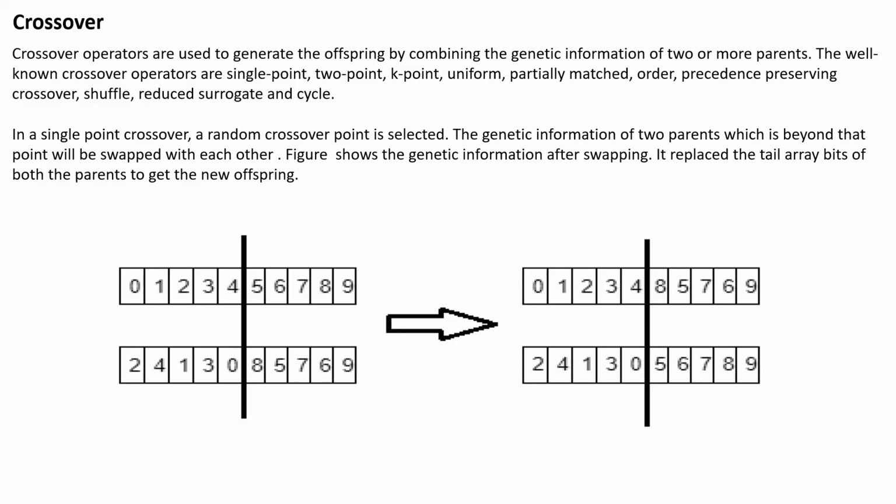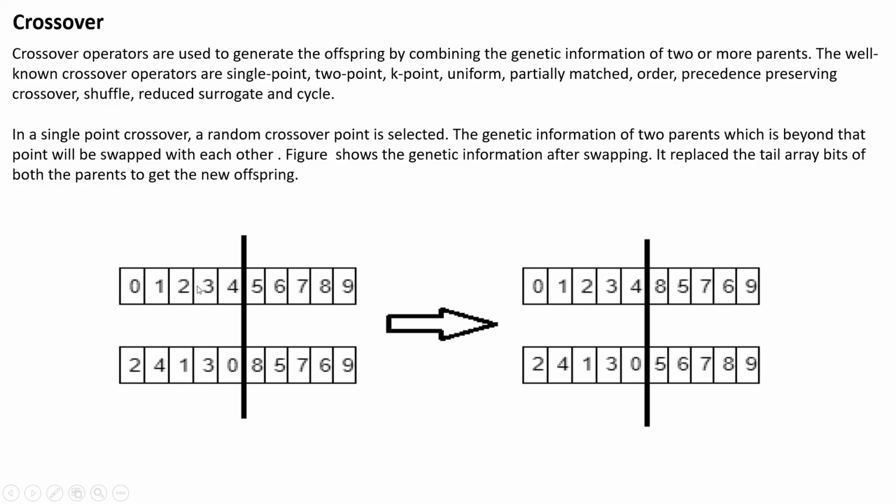So this is basically an example of a single point crossover. A random crossover point is selected in both the chromosomes, and the genetic information of the two parents, which is beyond that point, will be swapped with each other. So basically, you see 0, 1, 2, 3, 4. Now this 5, 6, 7, 8 is swapped by 8, 5, 7, 6, 9.